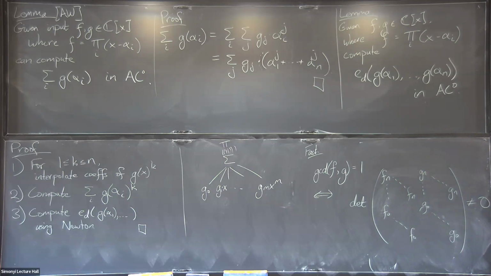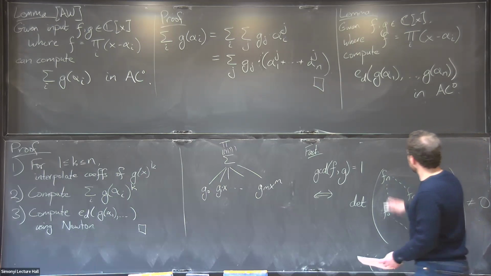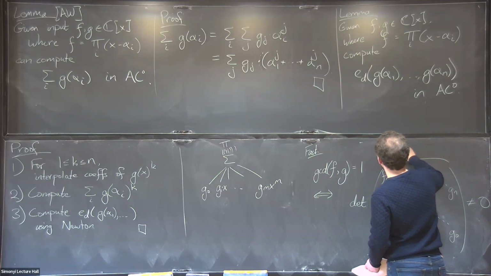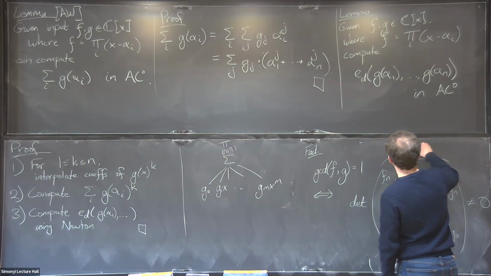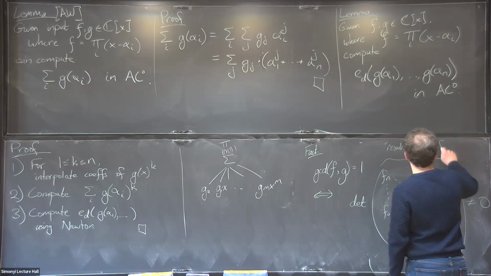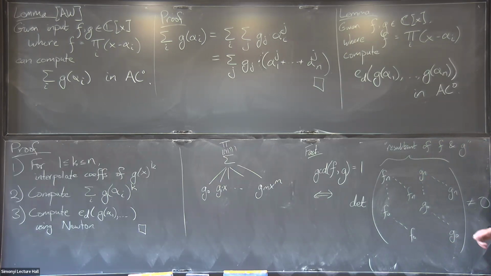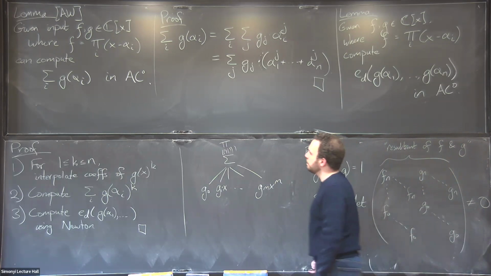This characterizes exactly when f and g are co-prime. And this determinant has a name. This thing is sometimes called the resultant of f and g. This is just saying the resultant is non-zero exactly when f and g are co-prime.